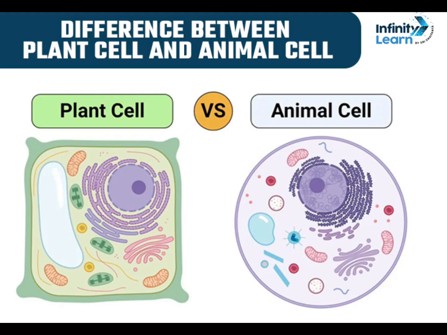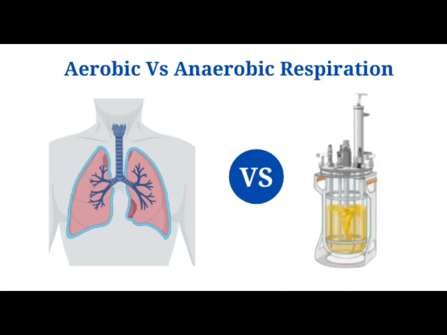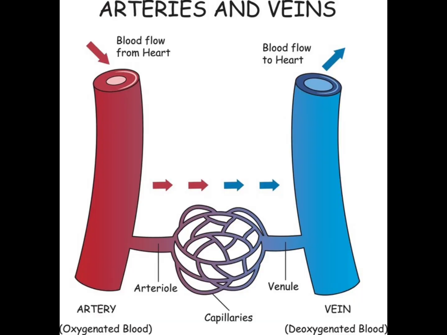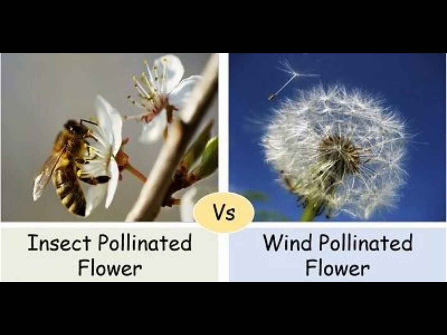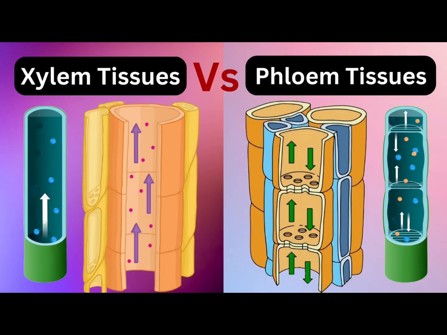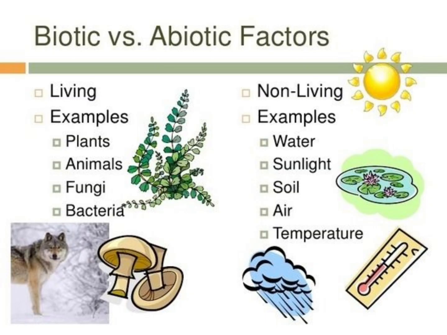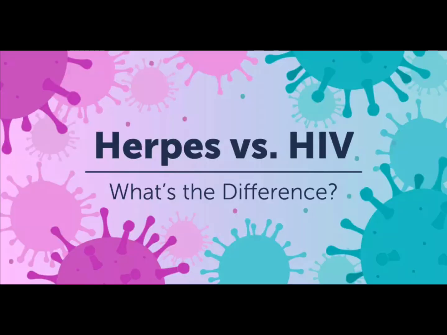We are going to explore differences between animal and plant cells, aerobic and anaerobic respiration, veins and arteries, insect pollinated and wind pollinated flowers, the xylem and phloem, biotic and abiotic components of an ecosystem, and many others.